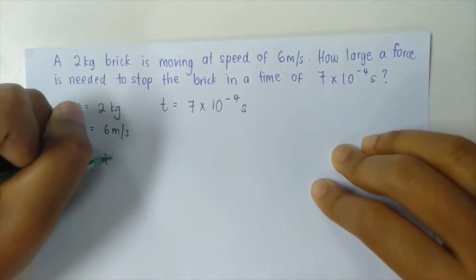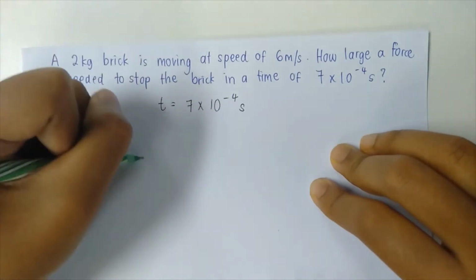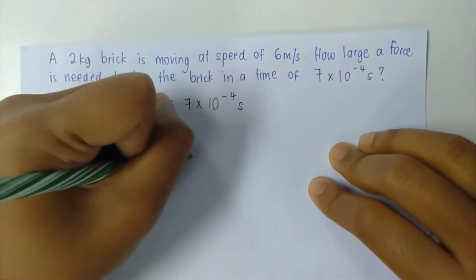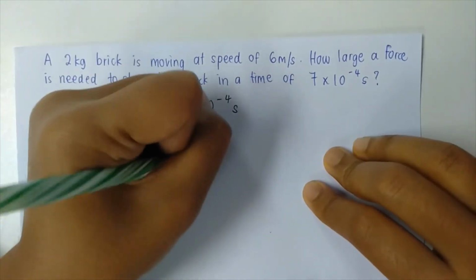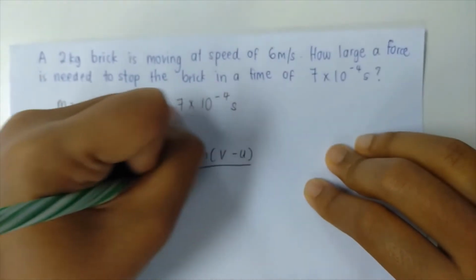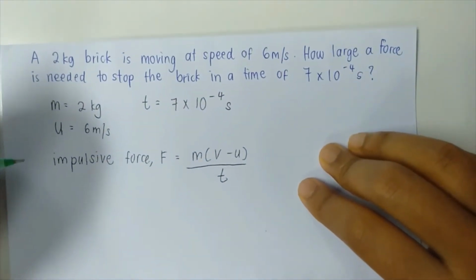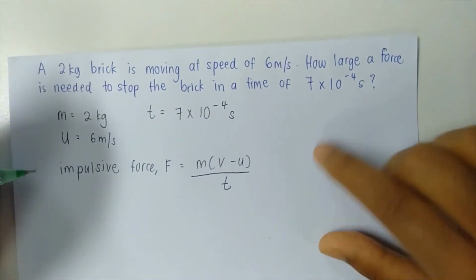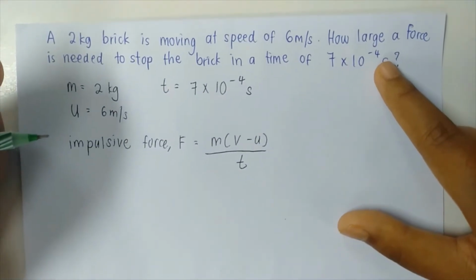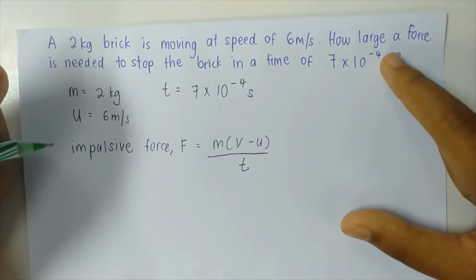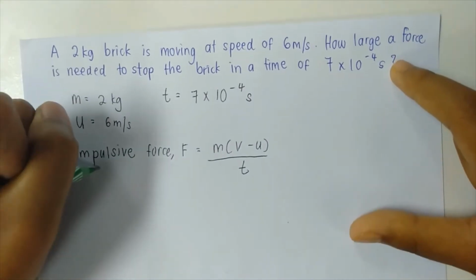Okay, let's recap. What is the formula of impulsive force? It is F equals to m (v minus u) per t. Furthermore, based on the question, they want how large a force, so force is the impulsive force.